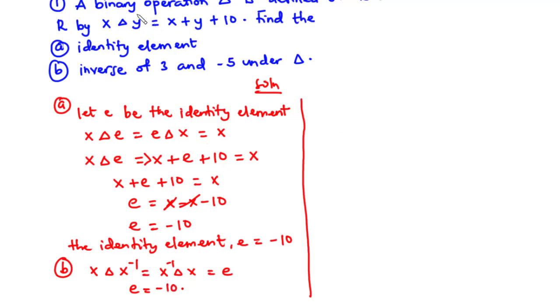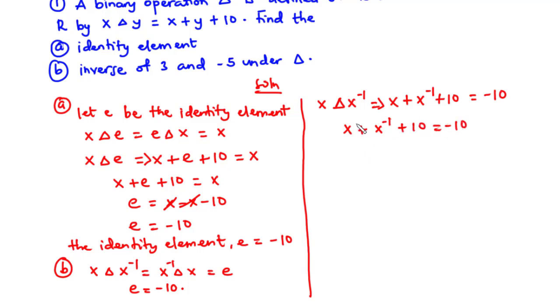From this same binary operation, wherever we see y, we are going to substitute x inverse. So we say that x operation x inverse is equal to, using the same binary operation, x plus x inverse plus 10 equals the identity element, which is negative 10. So we have x plus x inverse plus 10 equals negative 10.